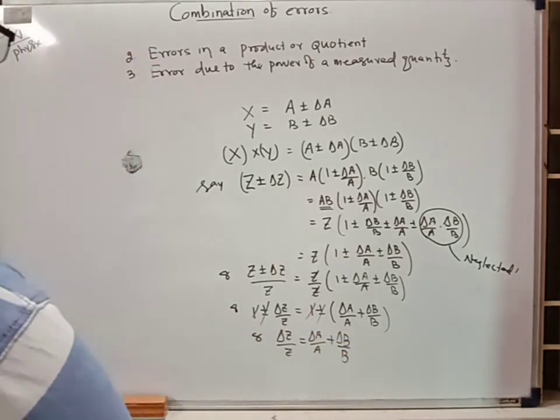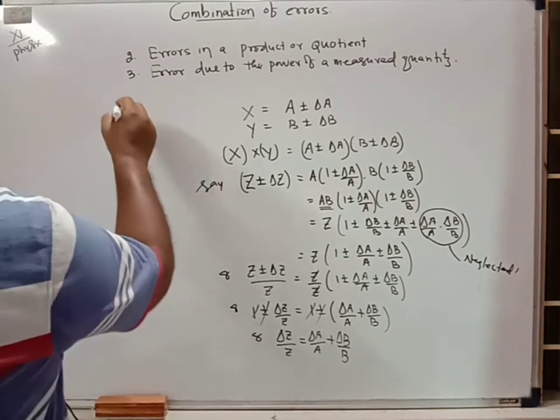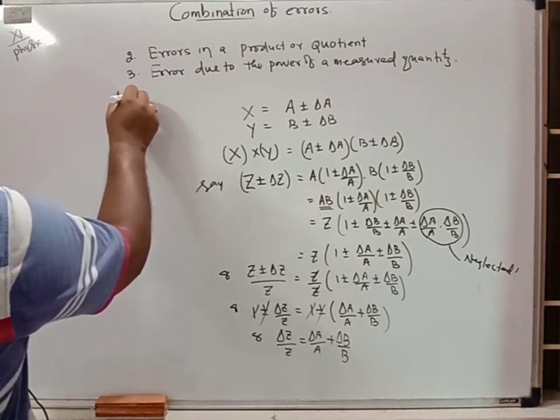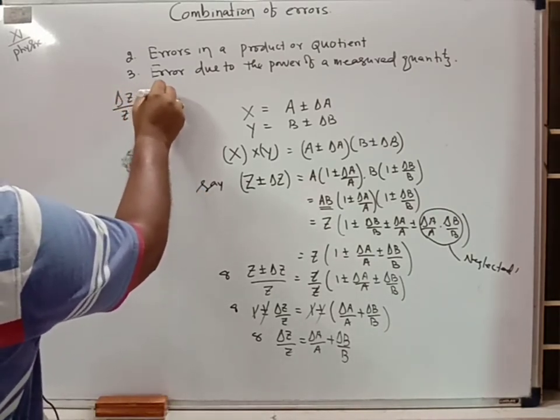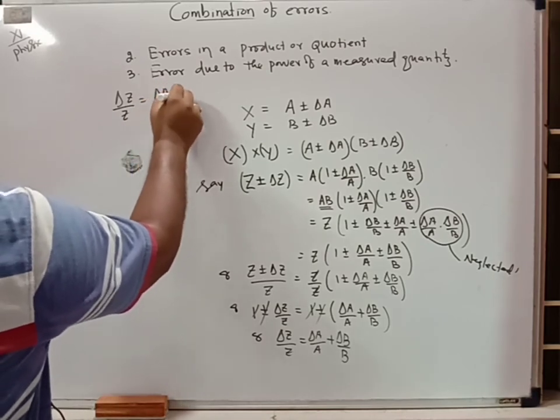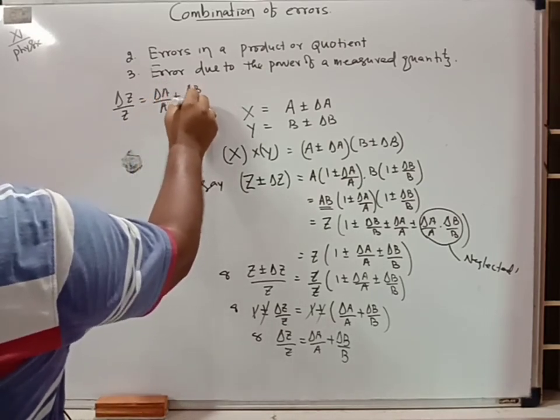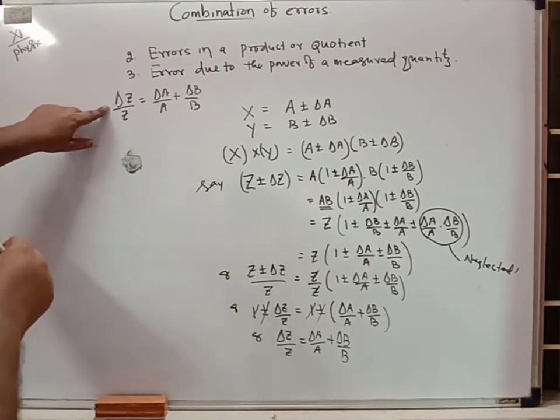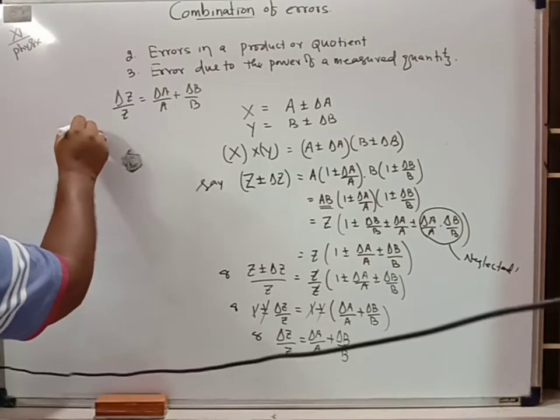In case of multiplication, what will happen? In multiplication, you are finding delta Z by Z equal to delta A upon A plus delta B upon B. So this indicates the relative error of the result.